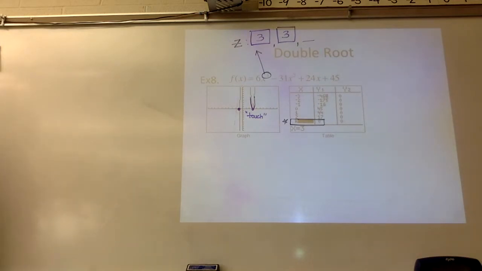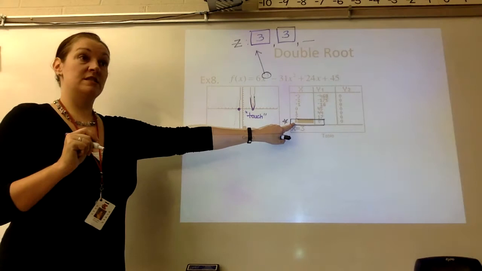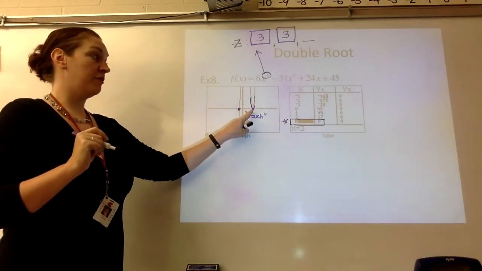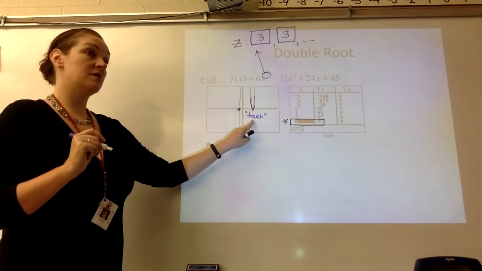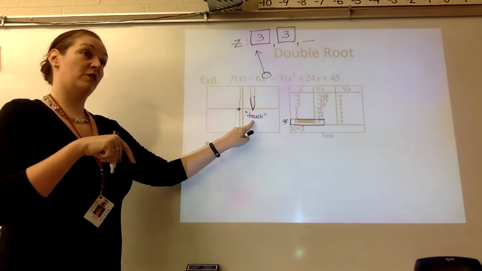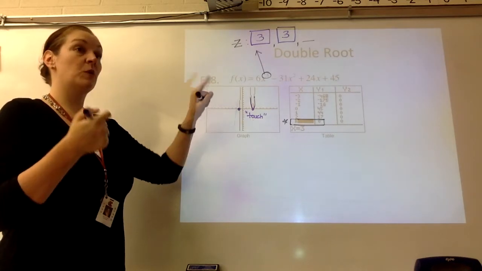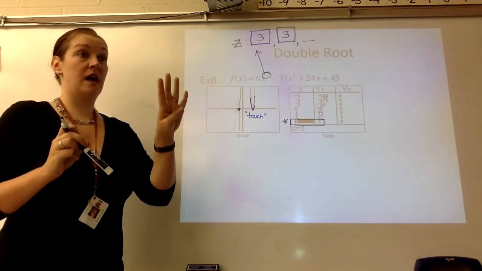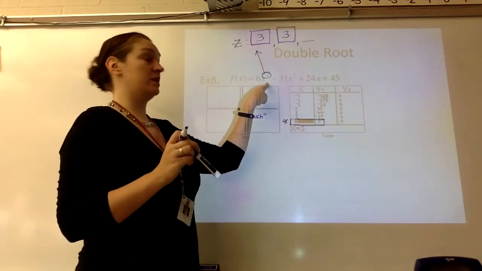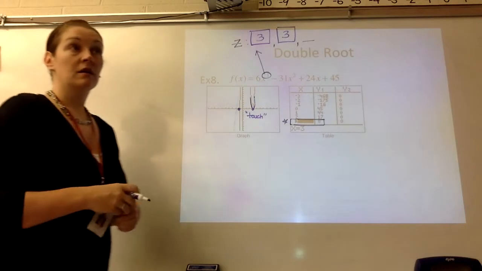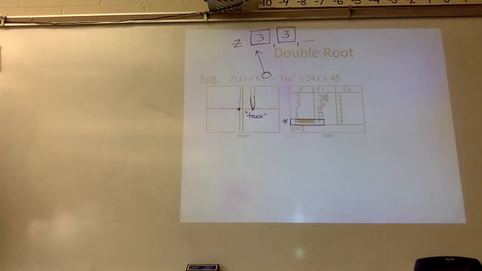Why did I write 2 3s there? Look at the diagram. This makes sense, right? That this is a 0. When I look at 3, the graph touches. Which, remember from the other lesson, when it touches, it counts twice. You write it twice, it counts twice. It could count 4 times, but we know it doesn't because it's only degree 3. Okay? It's going to be a touch.